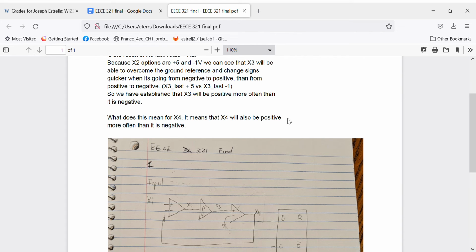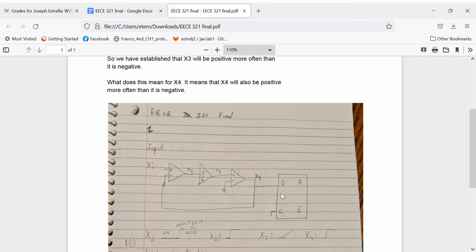And what are the implications on the x4 node? It means the same thing because it's a comparator with ground. So x4 will also be positive more often than it is negative. And so as this flip-flop is getting clocked, our duty cycle, remember it was 50% when x in was 0, is going to be greater than 50%, because x4 is positive more than it is negative.